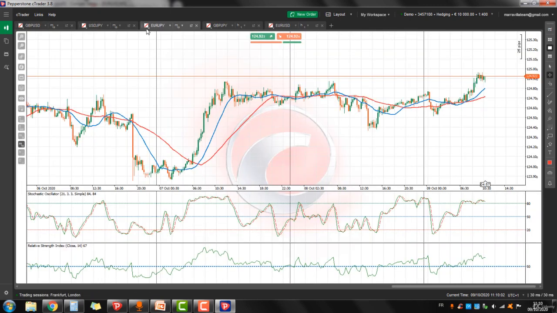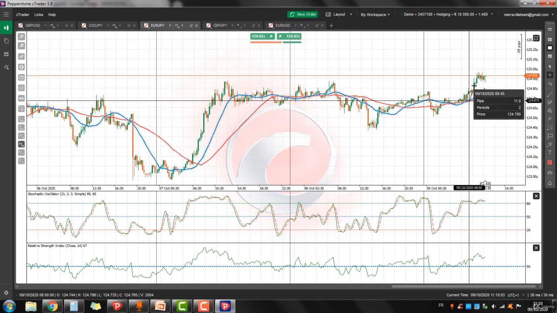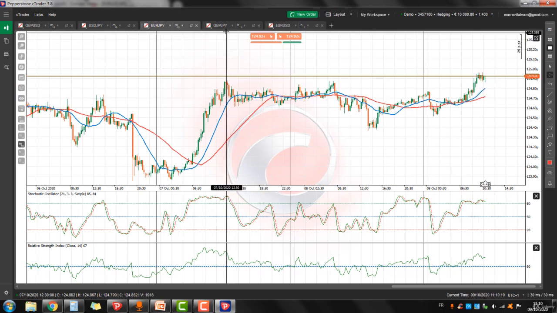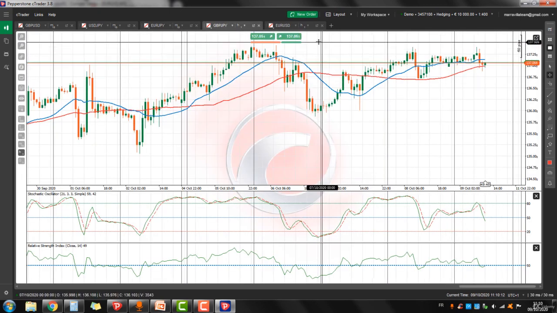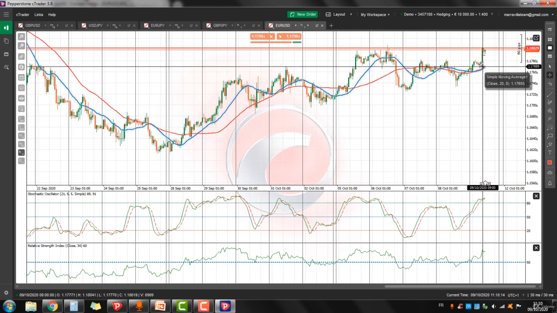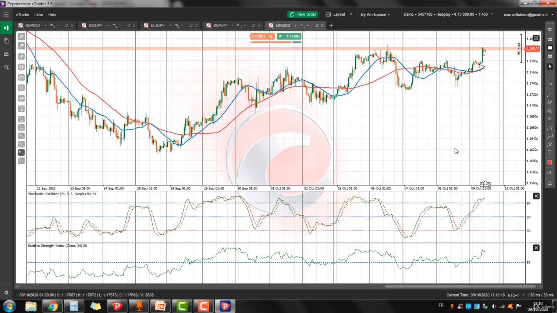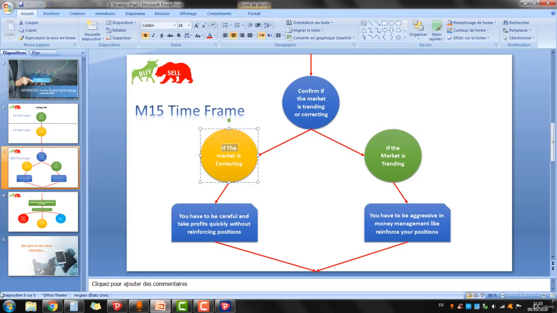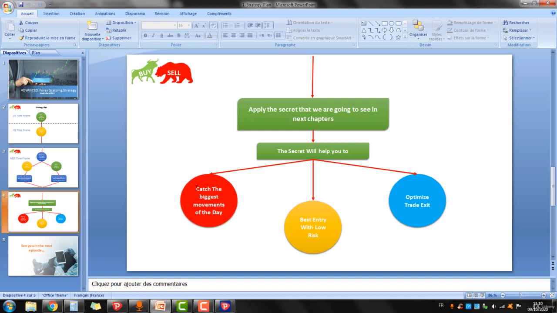The Euro JPY has just progressed 27 pips. The GBP JPY nothing, but the Euro USD gives us 35 points. This is the point that I illustrated here: catch the biggest movement of the day.